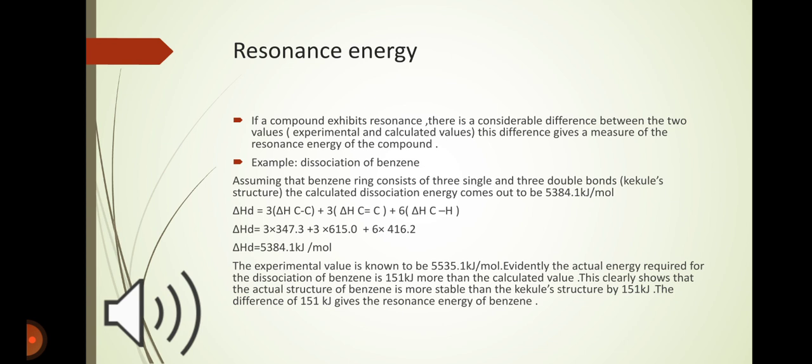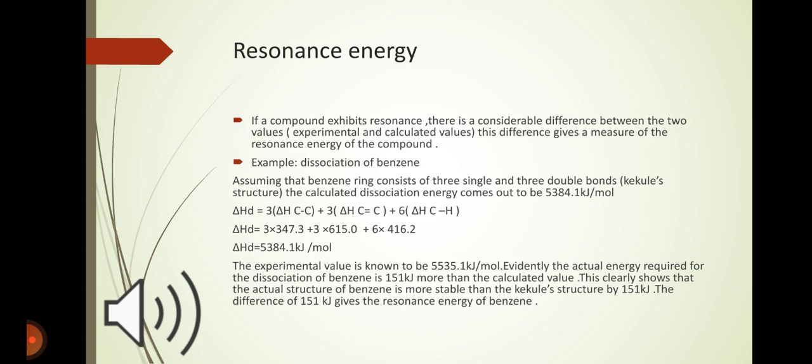So the change in enthalpy of dissociation is 5384.1 kilojoule per mole. This is the calculated value, but the experimental value is known to be 5535.1 kilojoule per mole.